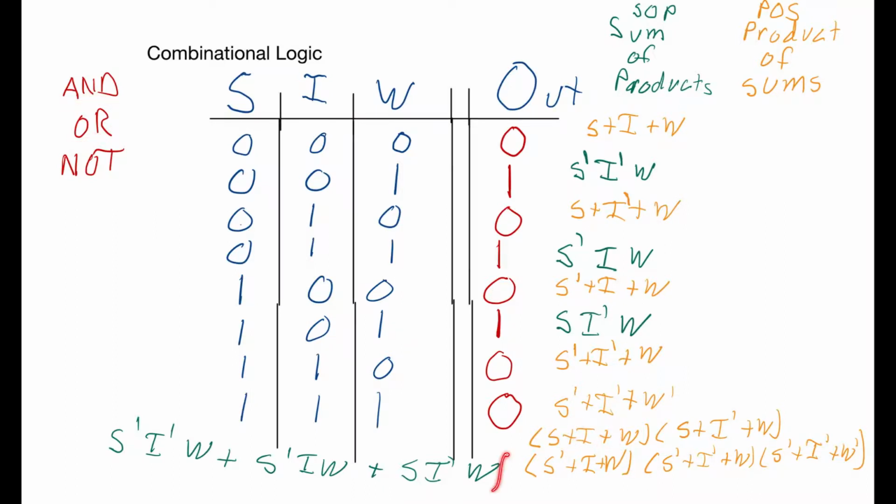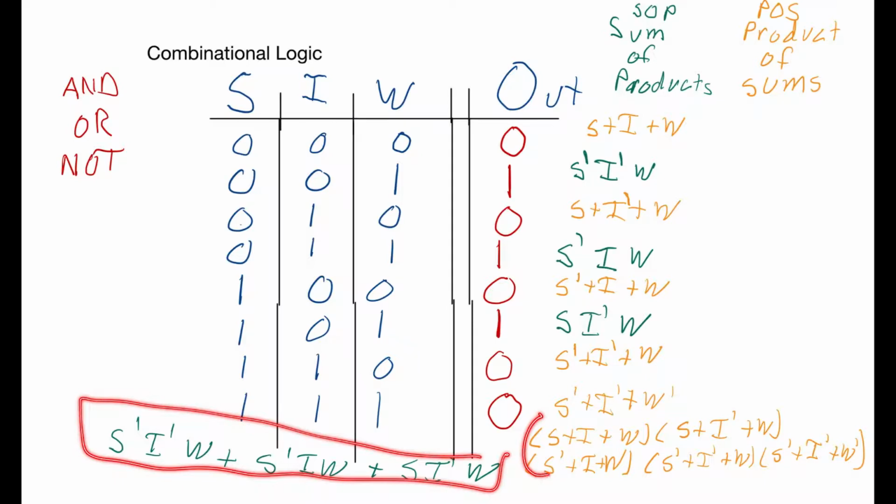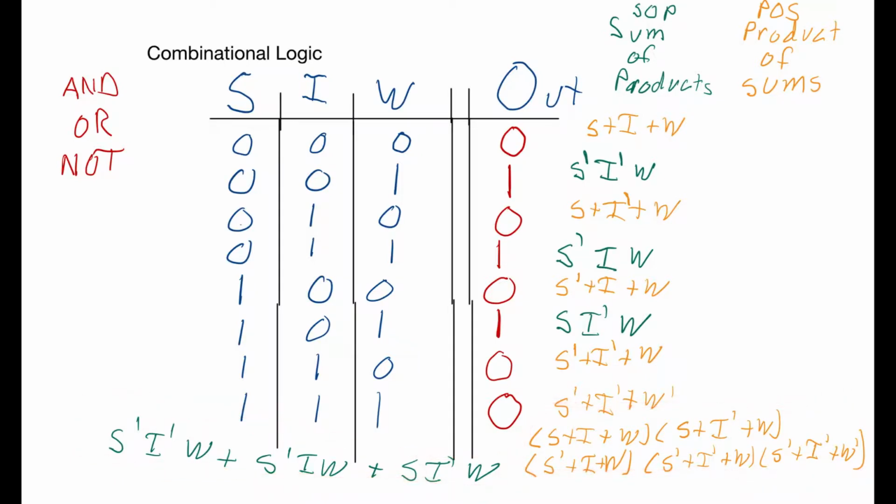So now we have two Boolean expressions. Now again, you would only do one. You'd only choose either this one or that one. So which one do you want to choose? At this point in the class, it really doesn't matter. But if you want to save yourself work, you might want to count the number of ones. If you notice, there are only 3 ones here.